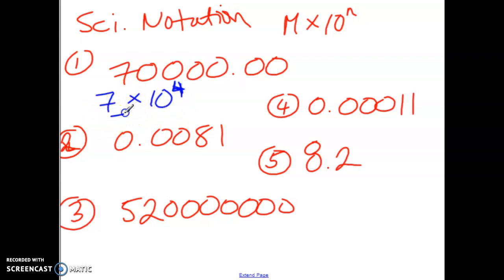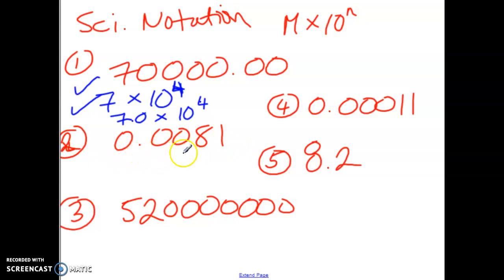You may have also written it as 7.0 times 10 to the 4. That is also acceptable. Later on, we're going to learn about a topic called significant digits. Once we learn that, that will help you decide which one you would write down. For now, the goal is to just practice putting it into that format.